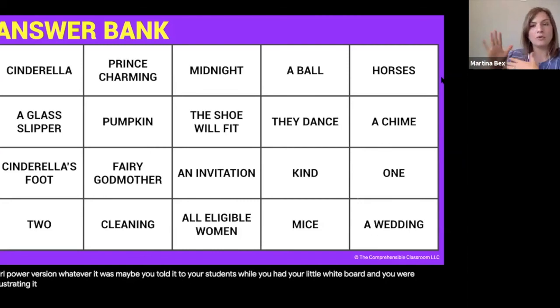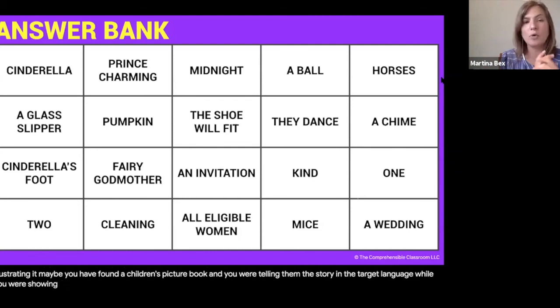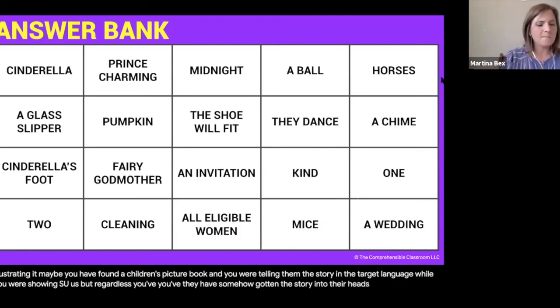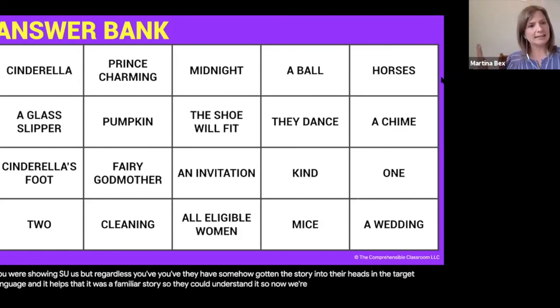Maybe you found a children's picture book and you were telling them the story in the target language while you were showing students the pictures. Maybe you read the story or they had them read the story somewhere before class. But regardless, they have somehow gotten the story into their heads in the target language. And it helps that it was a familiar story so they could understand it. So now we're going to ask some questions about it.